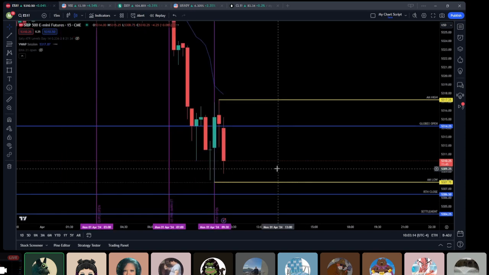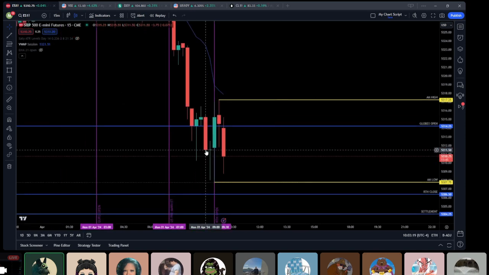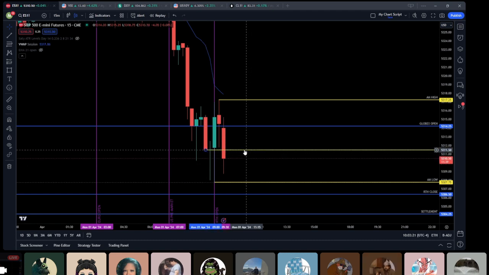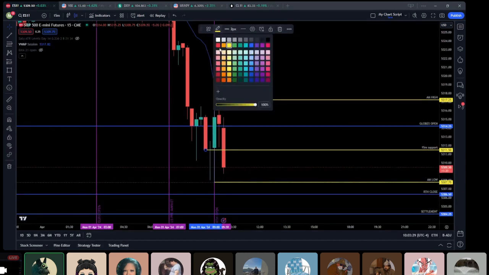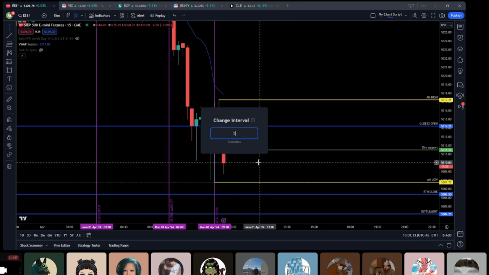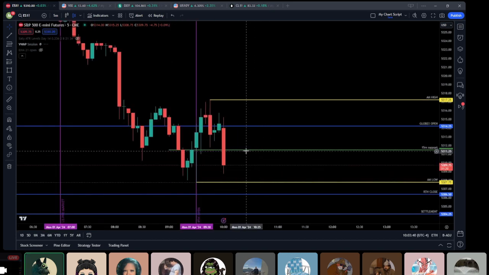Where was that support level on the 15-minute? Here is where we had our last 15-minute candle close. So we do that on the 15-minute, then we go back to the 5, and we see that it's right here.